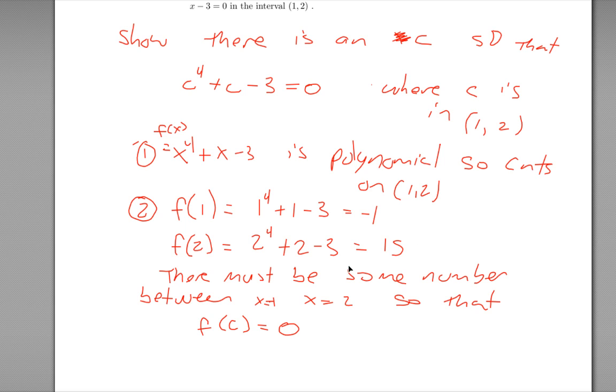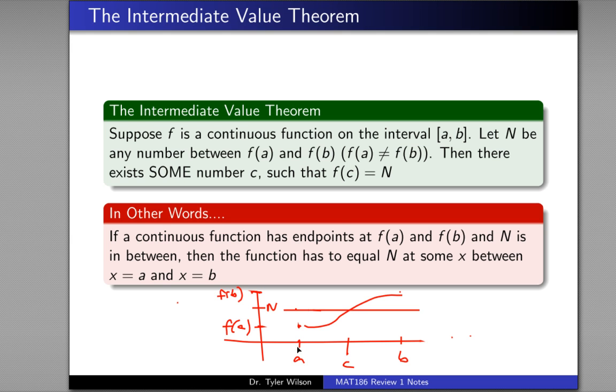Right? So when you look at the intermediate value theorem, in this situation, a is 1 and b is 2. So the intermediate value theorem says if a is equal to 1, this is x equals 1, this is x equals 2. Our function at 1 was negative 1. Our function at 2 was 15. And this is saying that at some point it had to cross 0.